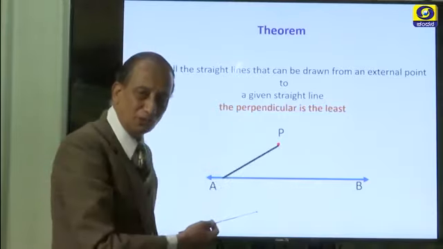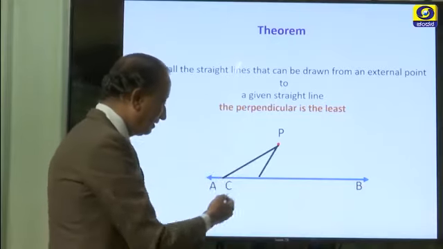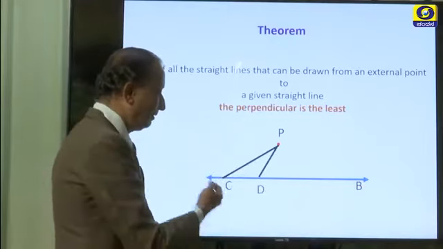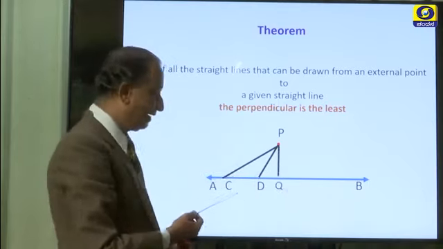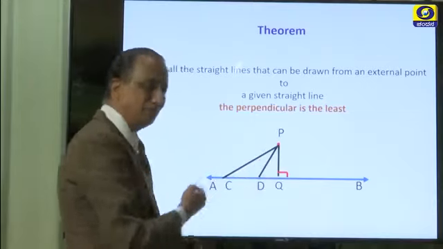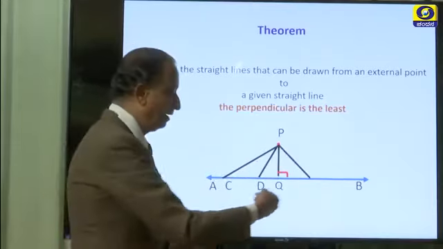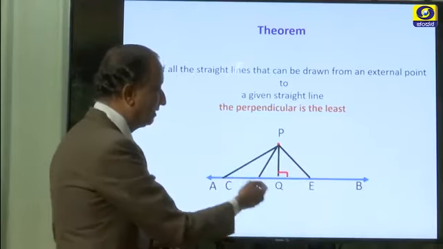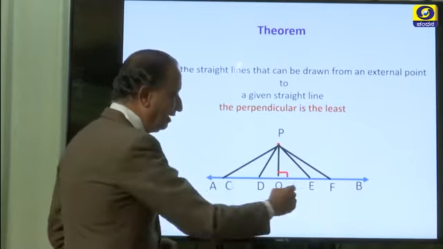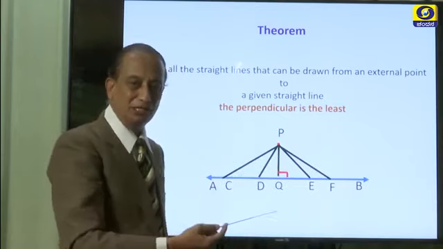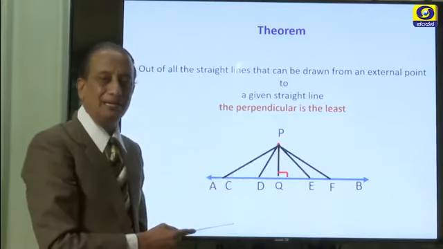A few have been drawn here. This is one, let us call it PC. This is another one, let us name it PD, and PQ is perpendicular to AB. On the right also, for example, let us draw a few more lines, say PE and PF. These are some of the line segments we can imagine from the point P to the straight line AB.